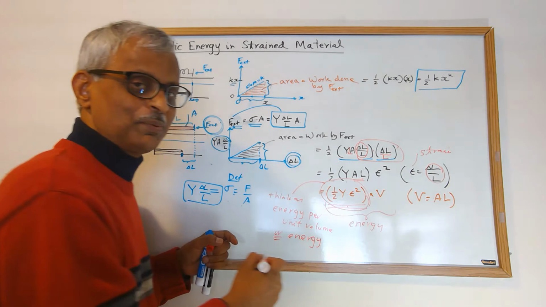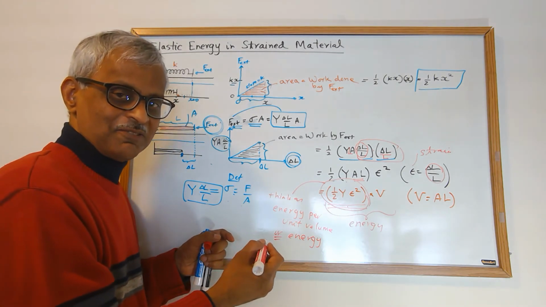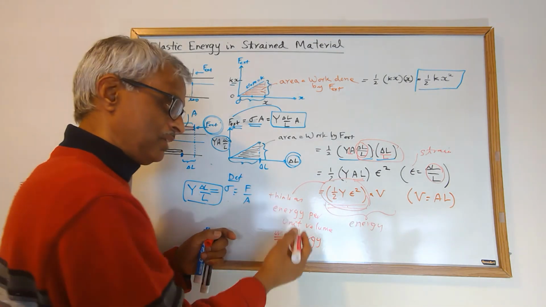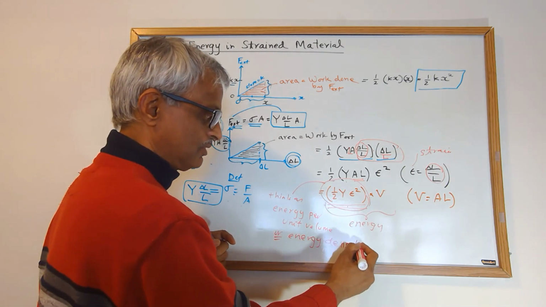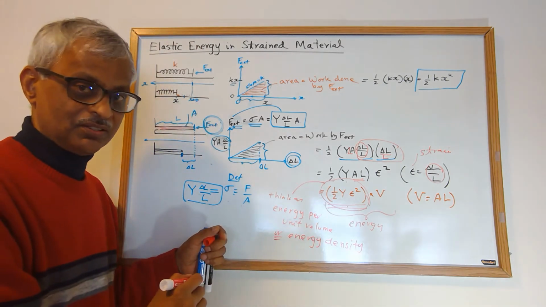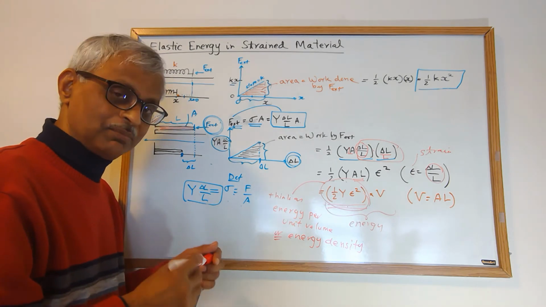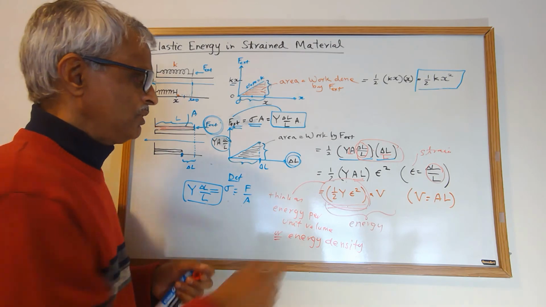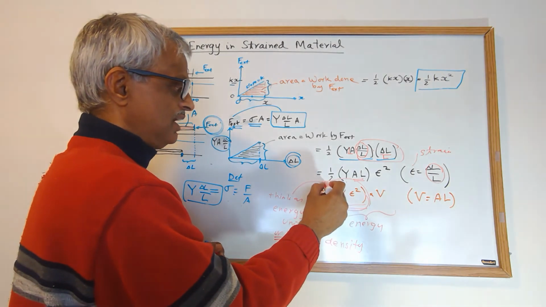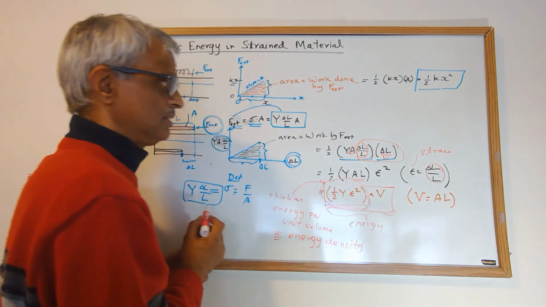Cool, right? You have a density, which is mass per unit volume. Then you have a property called energy density, which is energy per unit volume. If you haven't encountered energy per unit volume, this is a nice place to see it. When we write this, we say that this is the elastic energy.